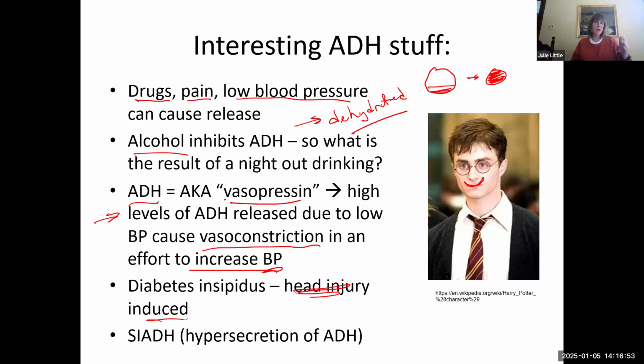You're constantly urinating, so you constantly have to drink to replace that. So it mimics the other symptoms of diabetes mellitus. Sometimes surgeries can cause syndrome of inappropriate ADH secretion, hypersecretion, and a person with that would have high blood pressure, would retain a lot of water, and that's about it.